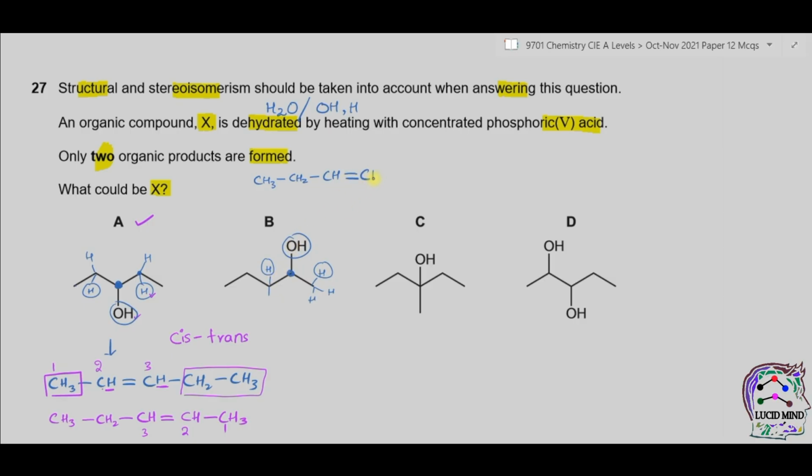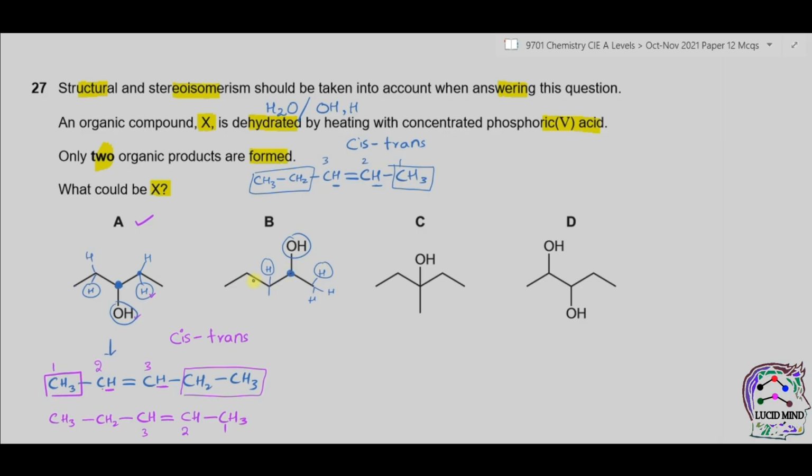OH is removed. Then we have CH3. We have a double bond between the second and third carbon atom, and this carbon atom has hydrogen and a CH3CH2 group. This carbon atom has hydrogen and a CH3 group, so it will show cis and trans isomerism. So we have already formed two products, one is cis, one is trans.